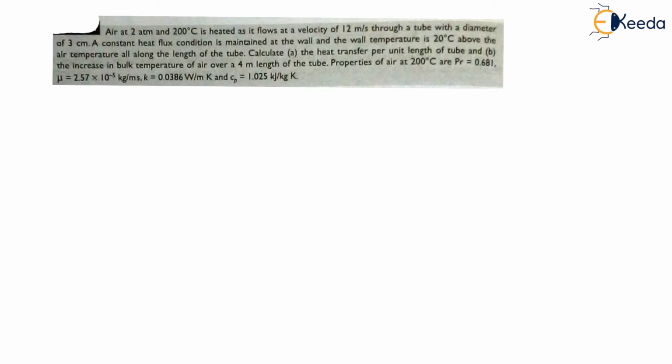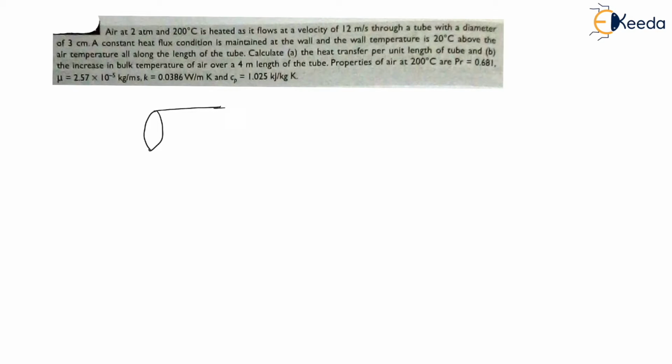The question is, air at 2 atmosphere and 200 degrees Celsius is heated as it flows at a velocity of 12 meter per second through a tube with a diameter of 3 centimeter. Here the air is flowing through a pipe or tube having diameter d.